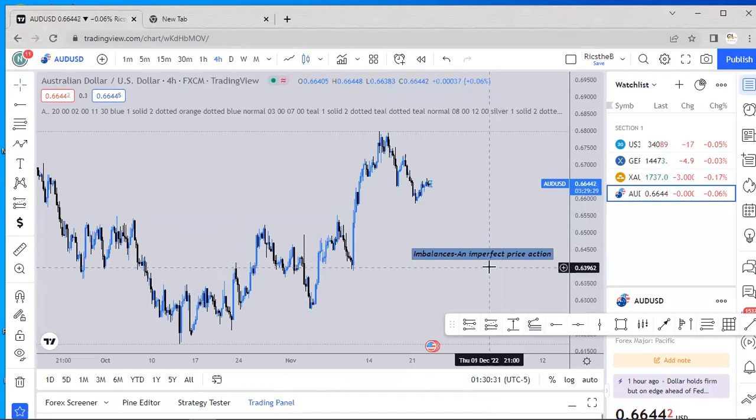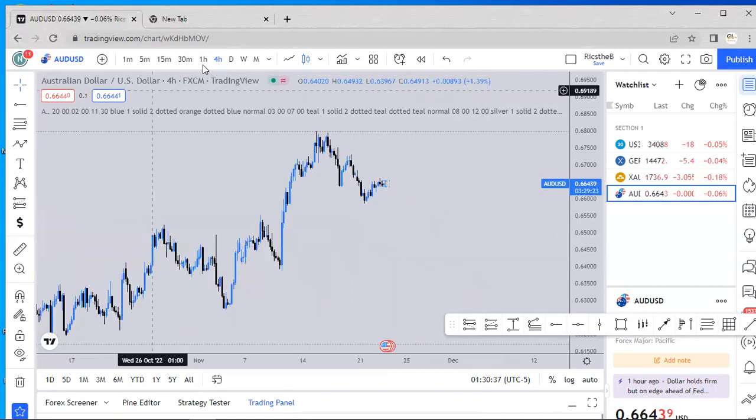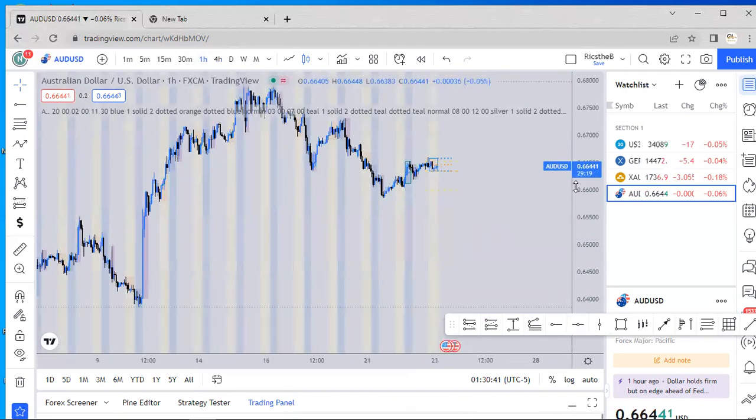So an imperfect price action is what I would refer to as an imbalance. And for this, I'm going to begin using the lower time frames. Sometimes you'll find that we have an imbalance on higher time frames, and when you come back to a lower time frame, you are unable to spot the same.